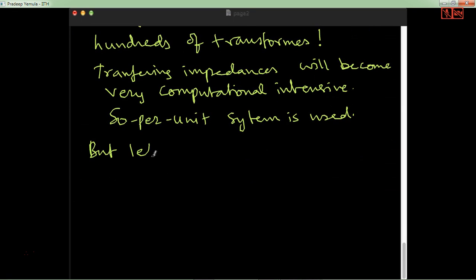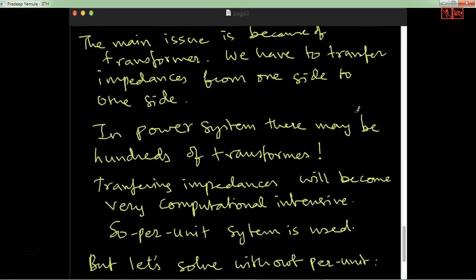Let's solve without per unit. So without per unit system, if I solve, somebody has given the solution also. So I hope you are following what I am saying here.